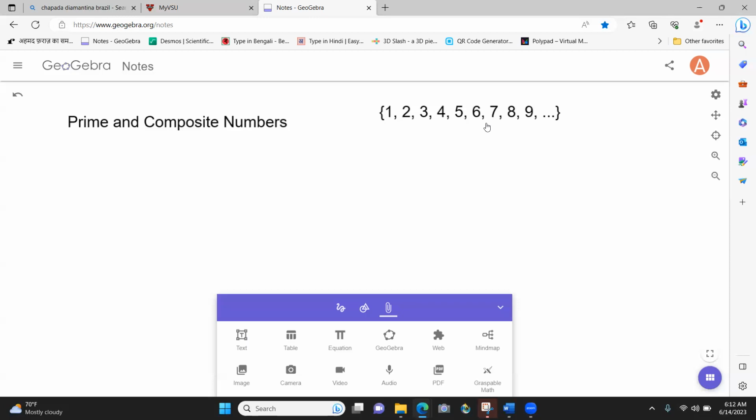Got it? All right. So that means 1 is not a prime, because 1 is divisible by only one number, 1 for itself. So if a number is divisible by exactly two other numbers in this set, we call it a prime. Got it? Now, I'm going to write it down here.